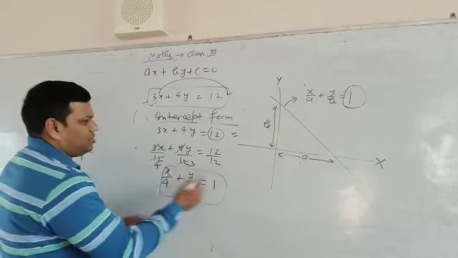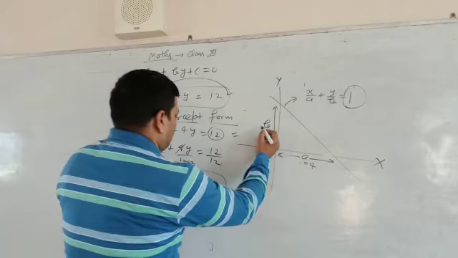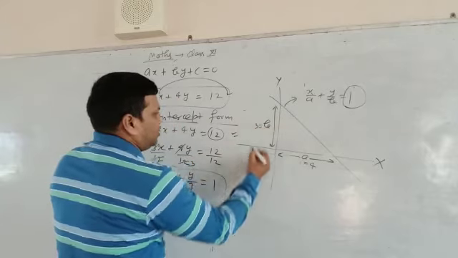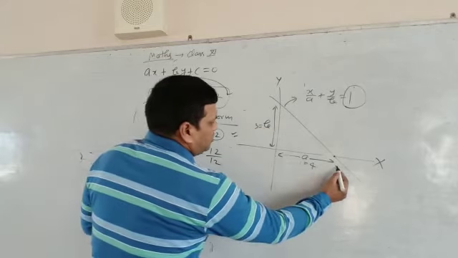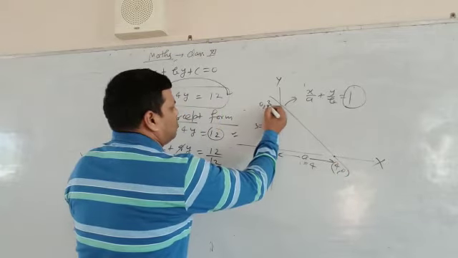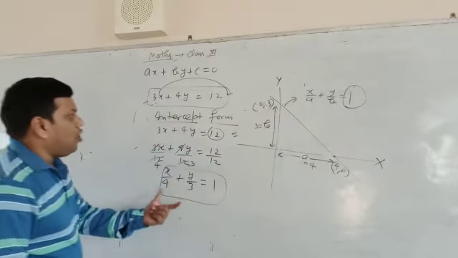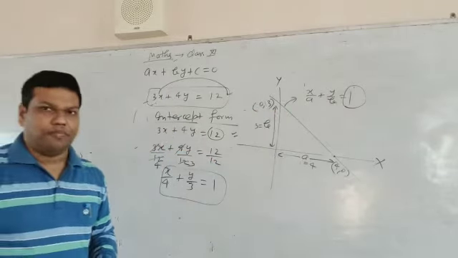Now we can mention it: a is 4, and y upon b, b means 3. So we have the coordinates 4, 0 and 0, 3. This is the form that is called intercept form.